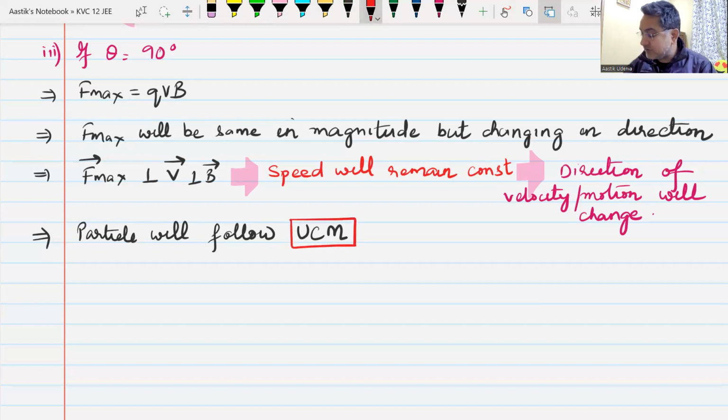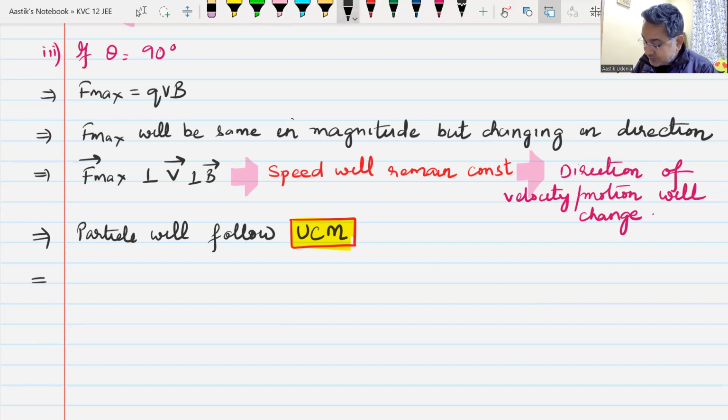Anyone remembers what this UCM is? Uniform circular motion. The particle will move in a uniform circular motion with constant speed.